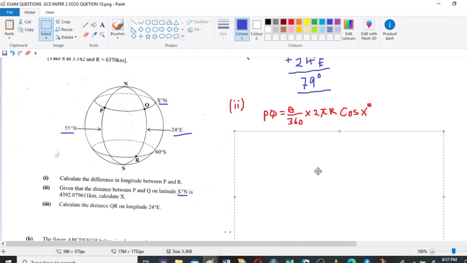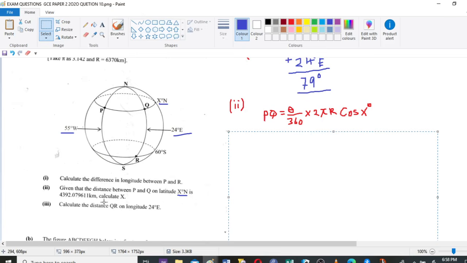That is, the distance between P and Q is equal to theta over 360 multiplied by 2 pi r multiplied by cos x, where x stands for the latitude at which these 2 points, P and Q, are lying.